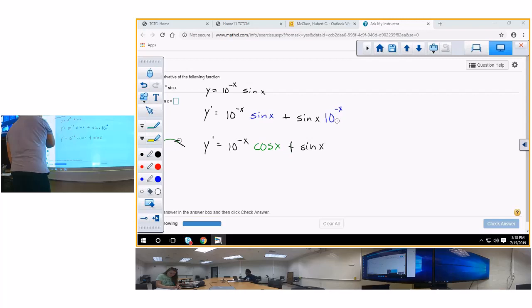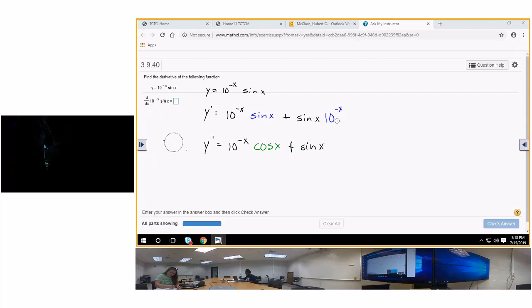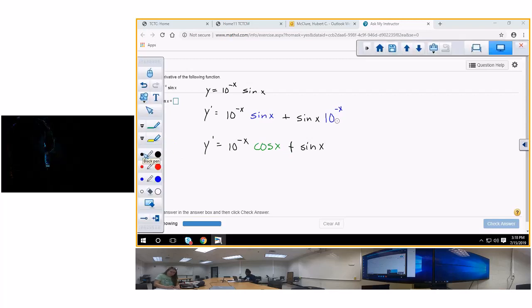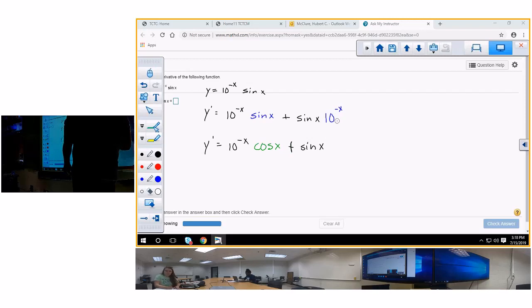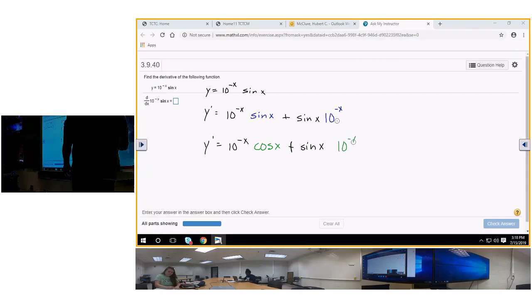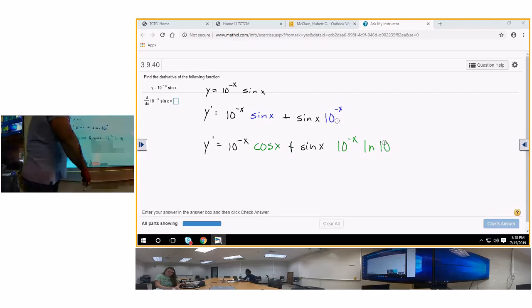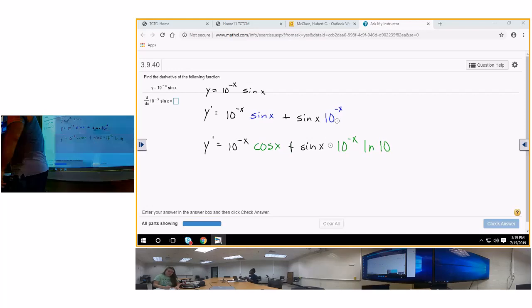And we did a couple of these in class. Remember me telling you to make sure you wrote them down? Well, 10 to the negative x, what is that? That's going to be 10 to the negative x times the natural log of what? 10. Now just simplify it a little bit.